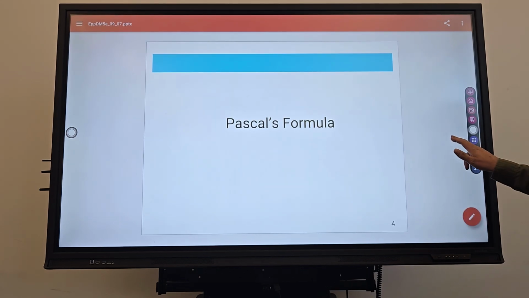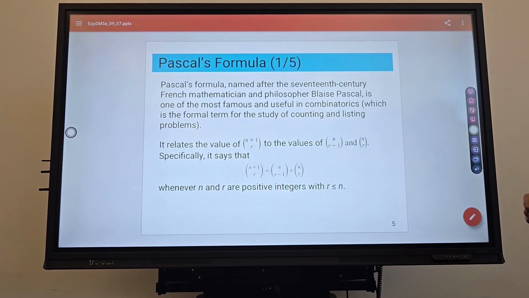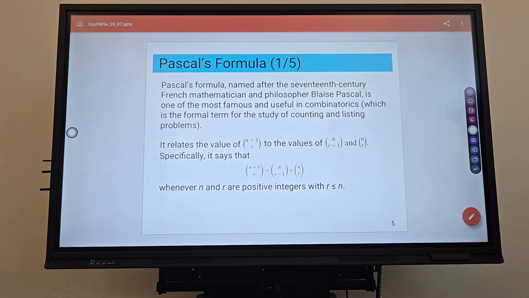Pascal's formula. Pascal's formula, named after the 17th century French mathematician, is one of the most famous and useful in combinatorics, which is the formal term for the study of counting and listing problems. It relates the value of n plus 1 choose r to the values of n choose r minus 1 and n choose r.